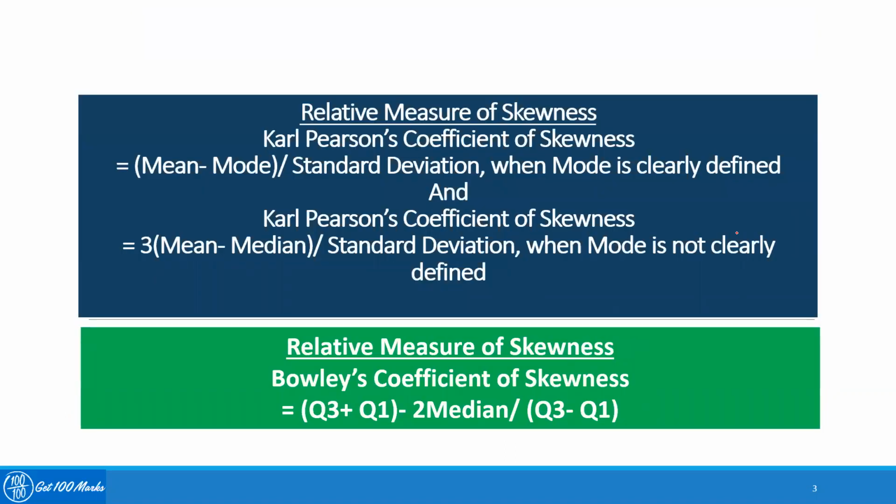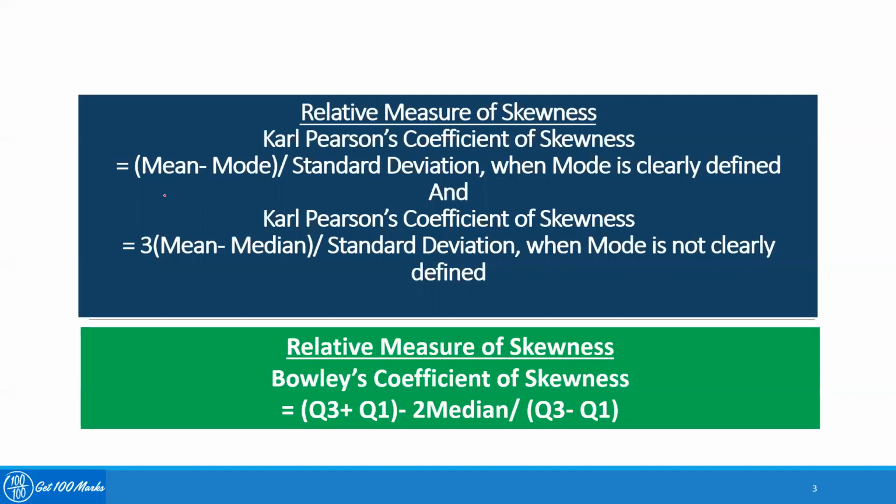For relative measures of skewness, there are two measures: one is Karl Pearson's coefficient of skewness and the other is Bowley's coefficient of skewness. Pearson's coefficient of skewness is mean minus mode divided by standard deviation. We use the mode when it is very robust, rigidly defined, or clearly identified.